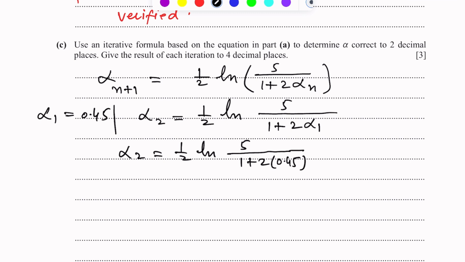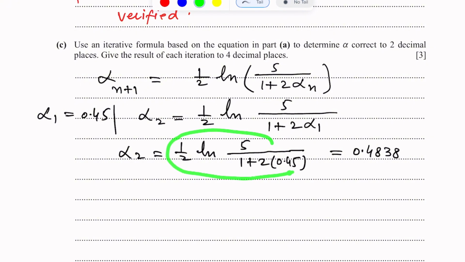After calculating, we get this iteration correct to 4 decimal places, that is 0.4838. This is the second iteration.